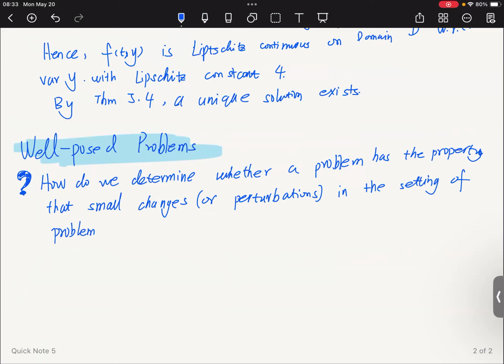Usually for these IVP problems, we would have some perturbations at the f function, and that is the source term. It could happen to the f function, and it could happen to the initial value alpha.